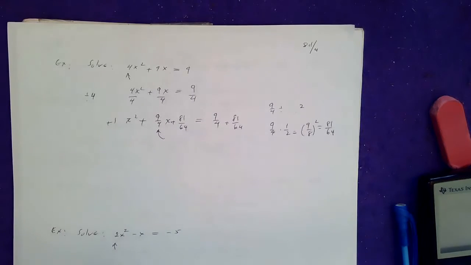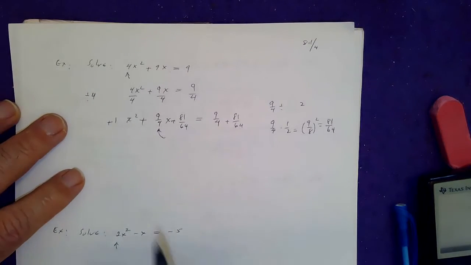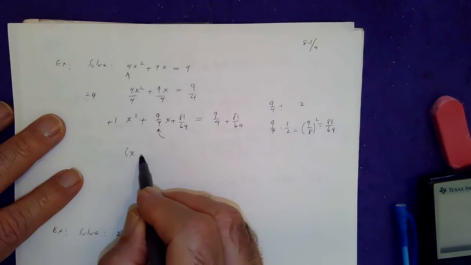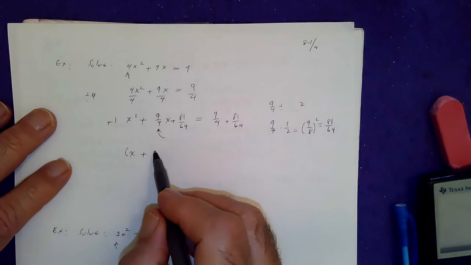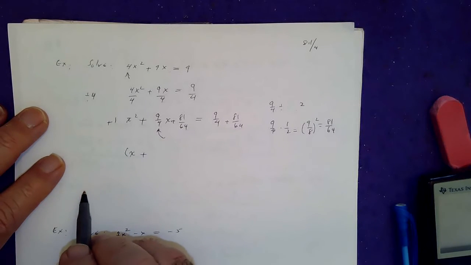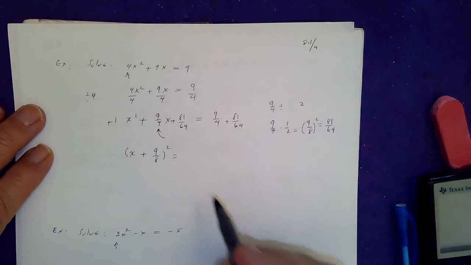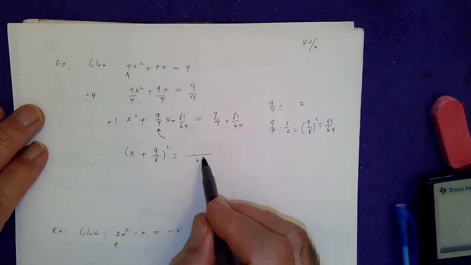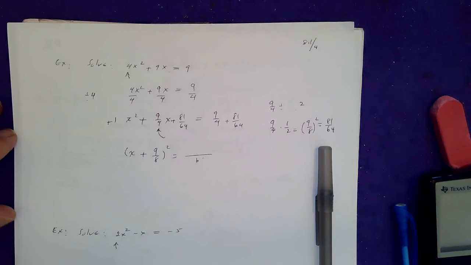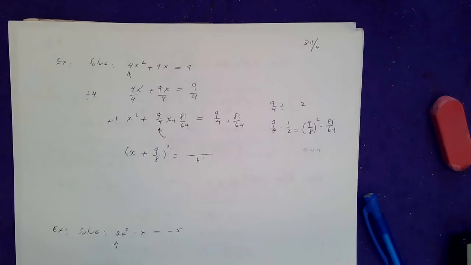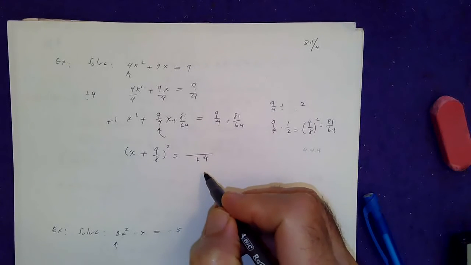Do you see it? So now, if you factor this out, you get x plus 9 over 8 squared. Now I need the LCD, which is 64.